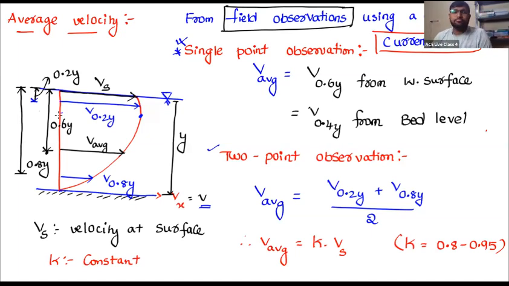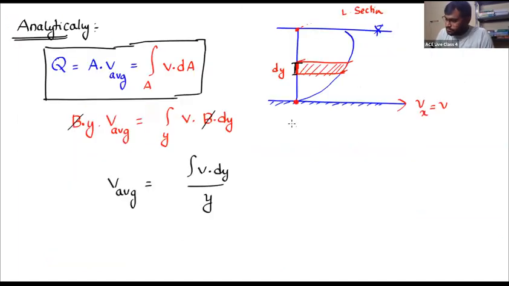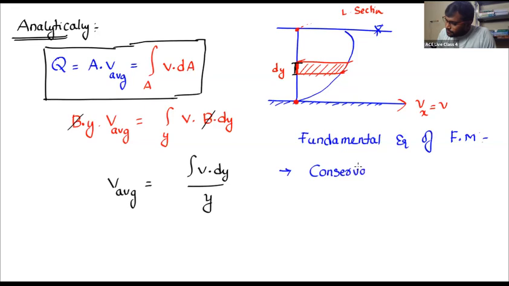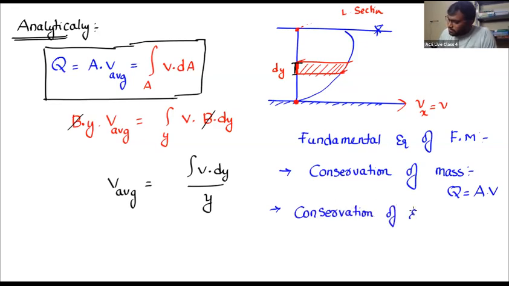Okay. Next, the third one. So if you look at the fundamental equations of fluid mechanics, conservation of mass, which represents discharge, A into V, and conservation of energy, which represents Bernoulli's principle.